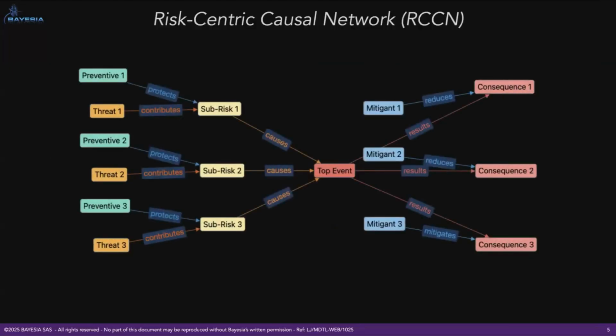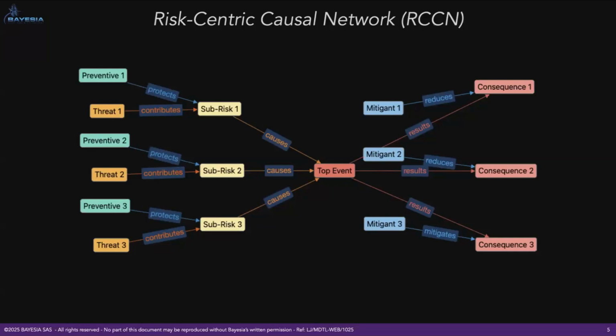Just a few words about what we're going to use. This was really the topic of the last webinar: how to go from a qualitative representation of risk with bow ties to something that is not only qualitative but also quantitative, by building risk-centric causal networks. This is the structure of these networks, where we have a top event and then we identify the threats and what can be used for protecting, reducing or mitigating these threats.